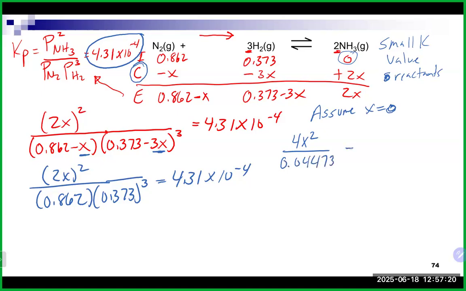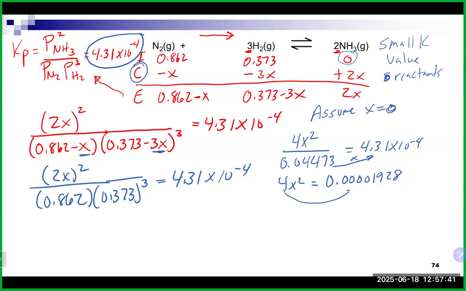So that's going to give us 0.04473 is equal to 4.31 times 10 to the minus 4. We're going to multiply that now to the other side. We'll take that 4.31 times 10 to the minus 4. Going to get us 4x squared is equal to 0.00001928.